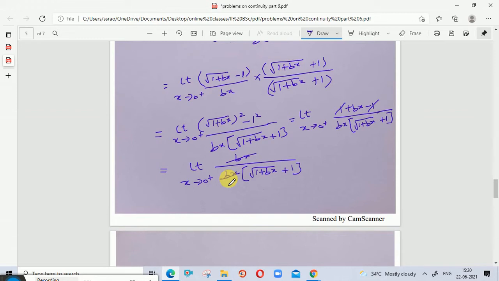Okay, understand? Since b is not equal to 0.